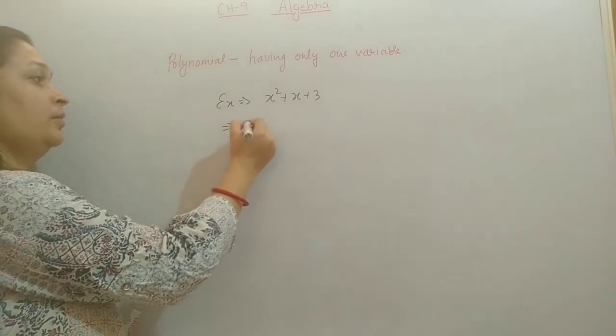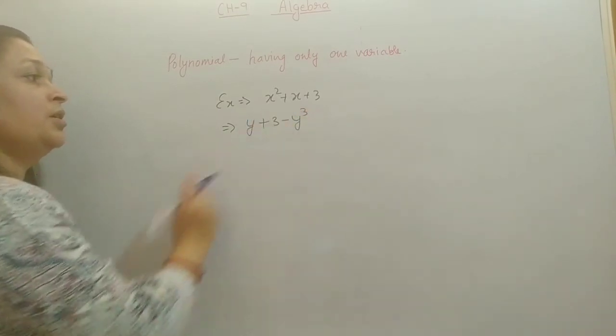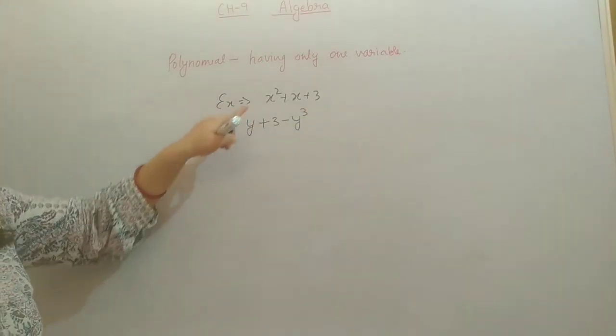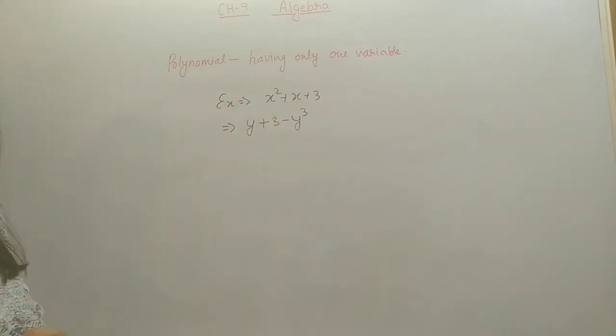Or y plus 3 minus y cube. Here also you can see in both examples, x variable is there in one, and in another one y is there. It will not be the combination of x, y together. If only one variable is there, then we will call it a polynomial. Otherwise, we will call it an algebraic expression.